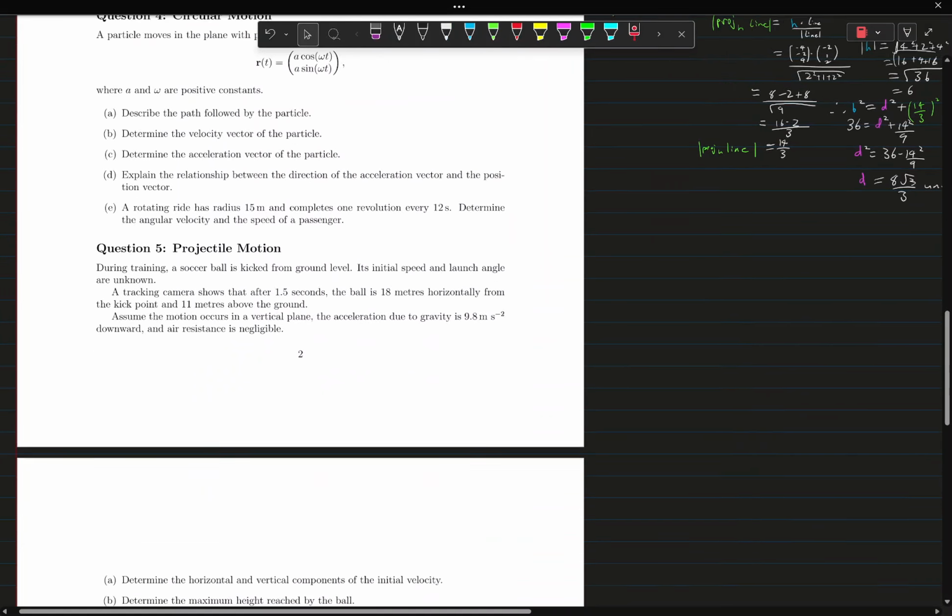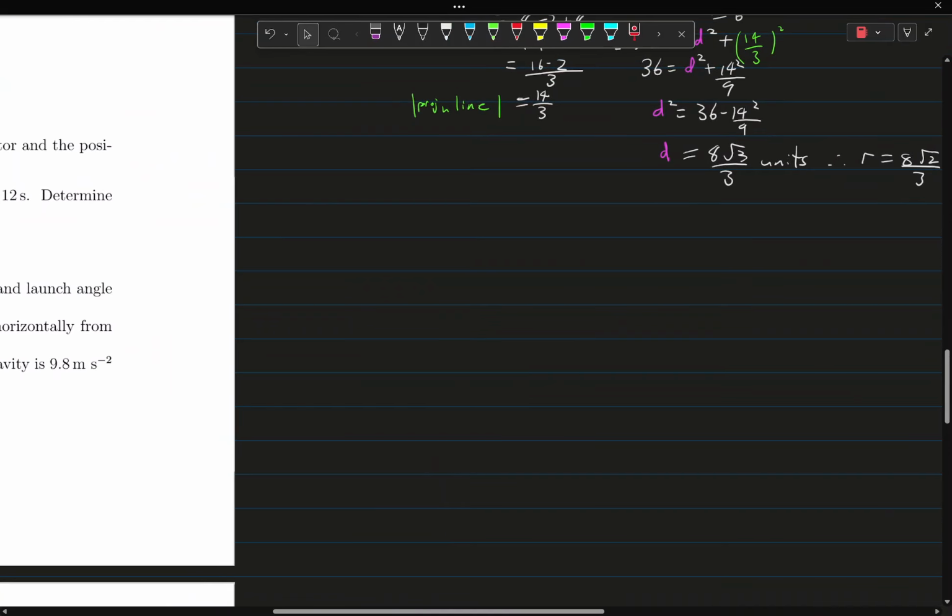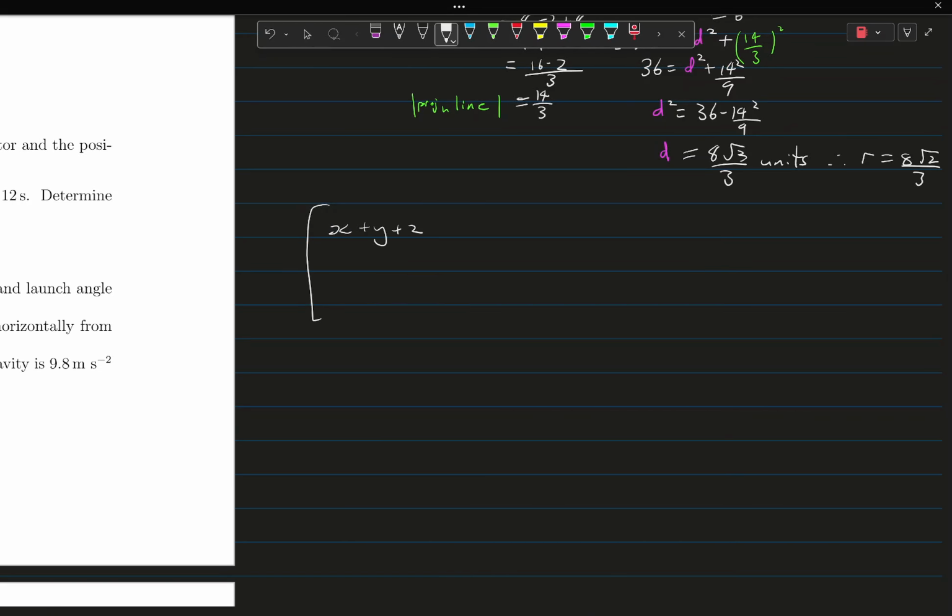So that's pretty simple to do, at least relatively speaking to the other parts of the question, which look a bit cooked. So we have x plus y plus z. Sorry. We have the coefficients of it are 1, 1, 1, 2, 2a, 2, which is equal to b, 1, a, 0, which is equal to 1. Alright, so now we need to just solve for it in row echelon form.